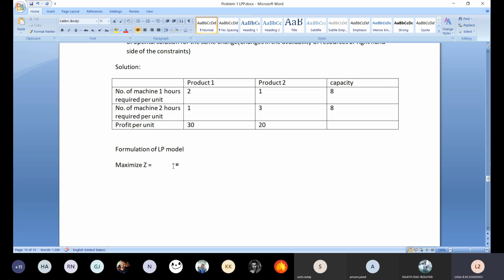Firstly, we shall define our decision variables. Let our decision variables be... What do you mean by decision variables? When I say decision variables, it is about deciding how many units of product 1 I should produce and how many units of product 2 I should produce, so that the combination would help me to fetch maximum profit.